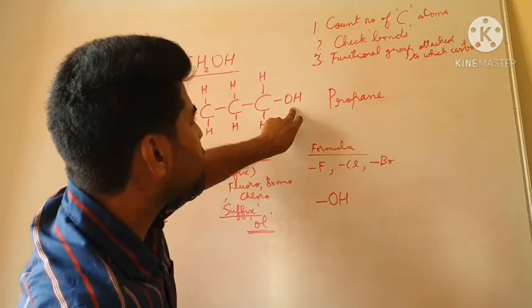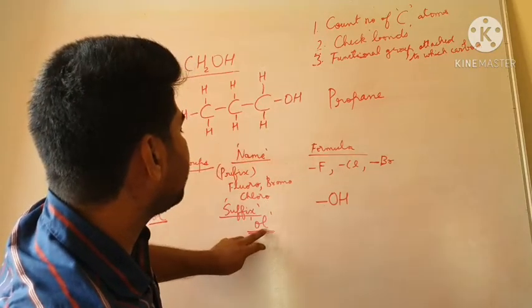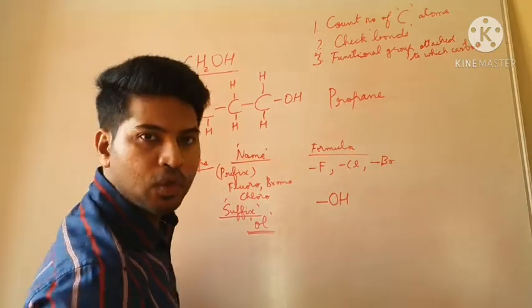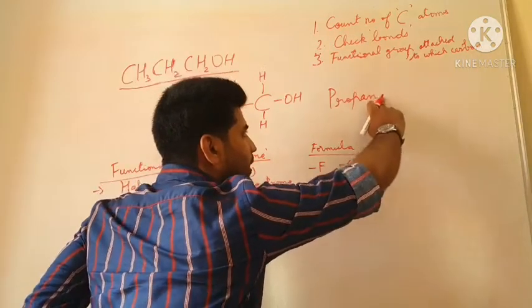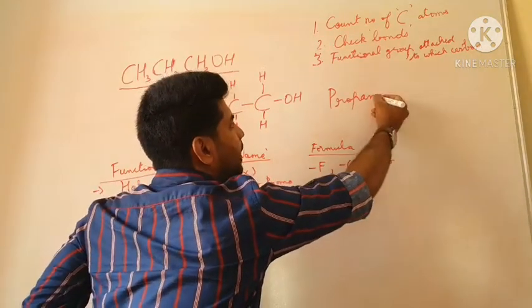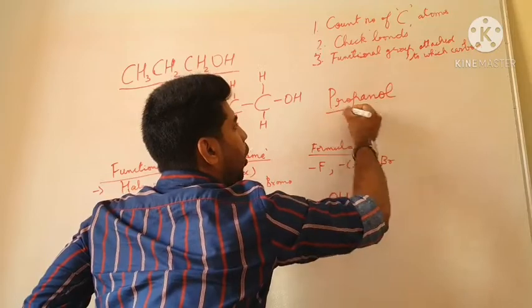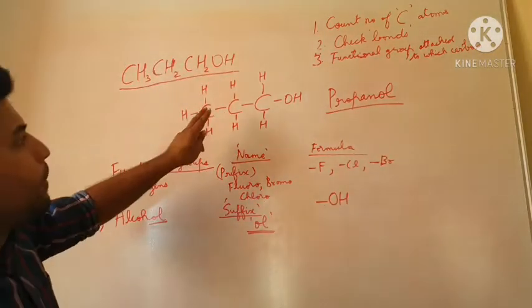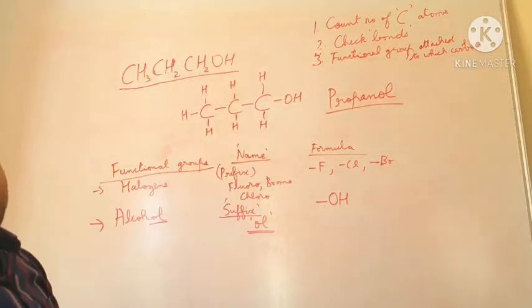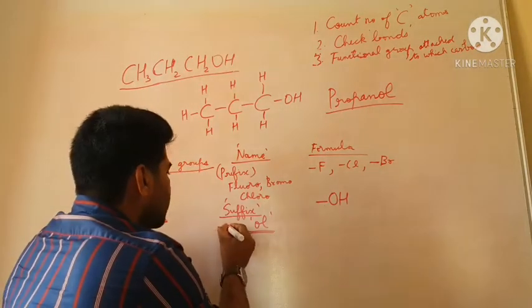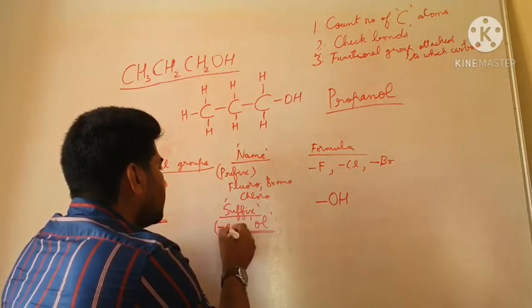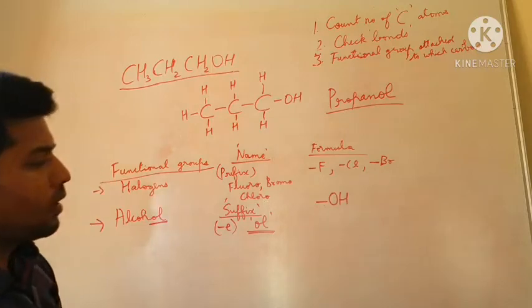So whenever an OH group is present, it will end with "ol". So we have to remove this E and add "ol". So the name of this compound would be propanol. So instead of E, we add "ol".